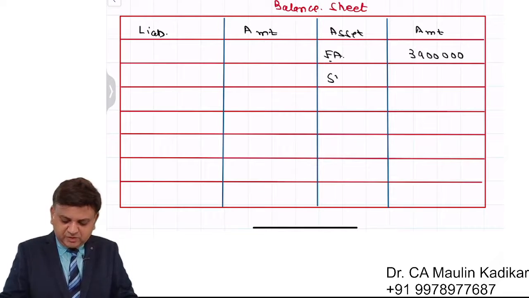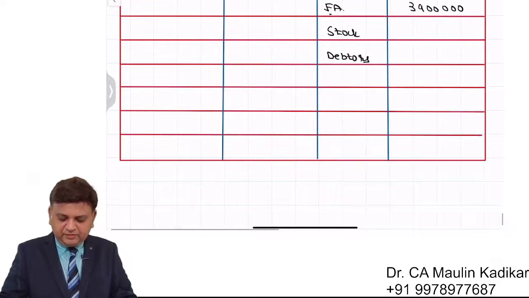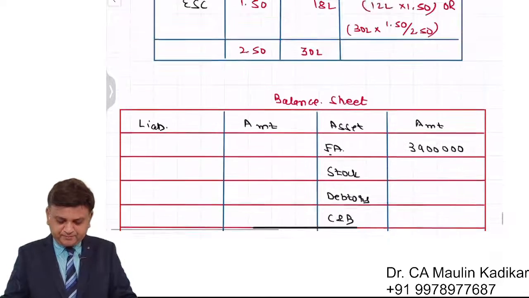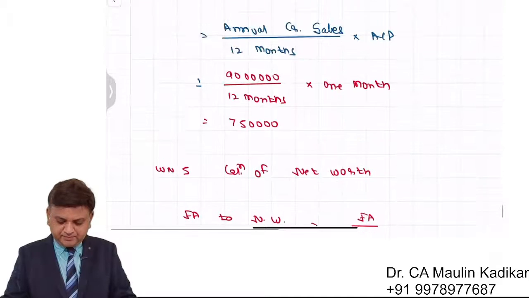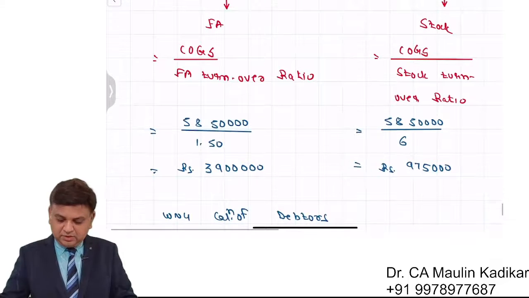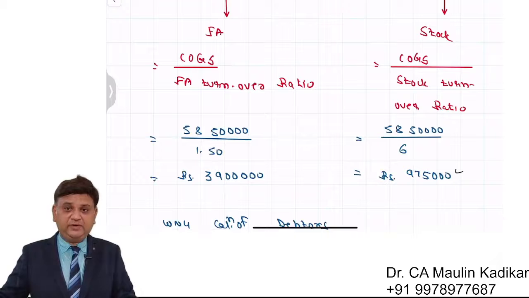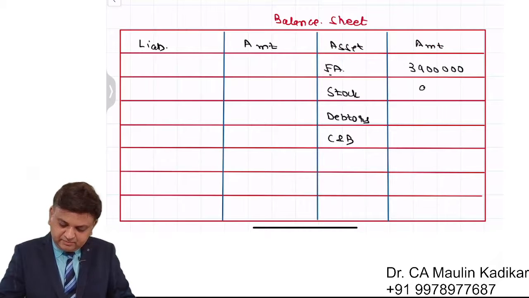So directly we will have the stock, then we'll have the debtors, then usually the cash and bank. We already have calculated stock and the debtors amount. Debtors is 7,50,000 and stock is 9,75,000.